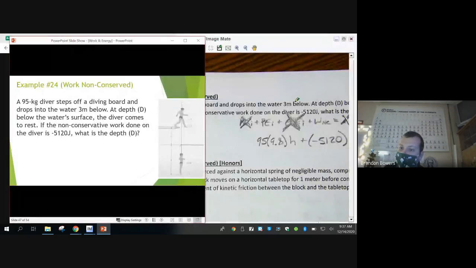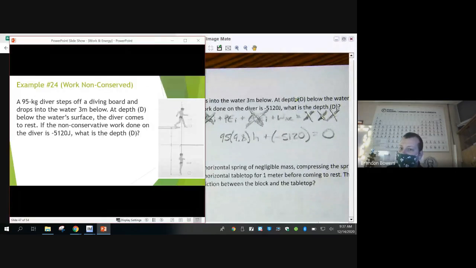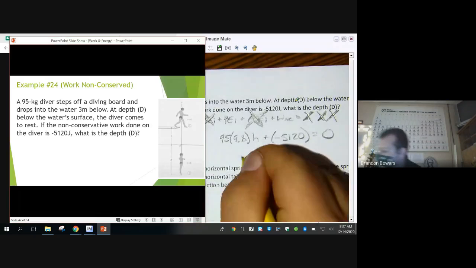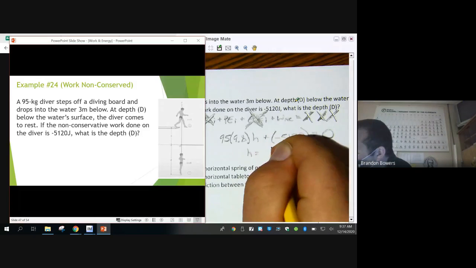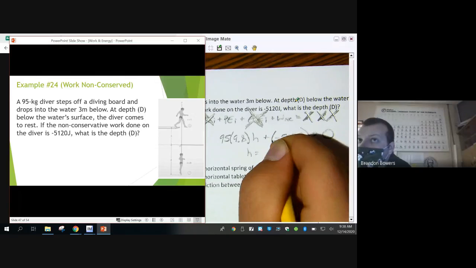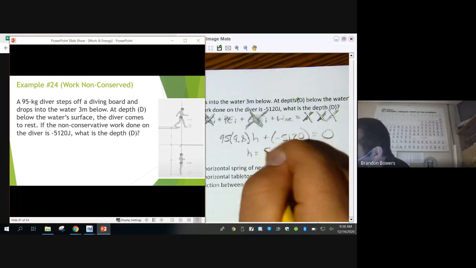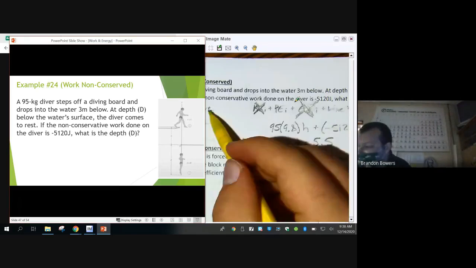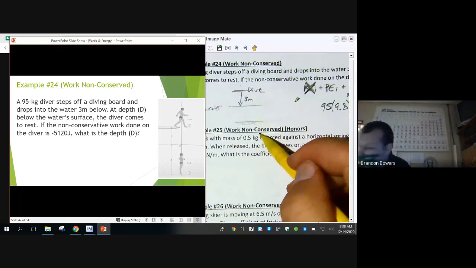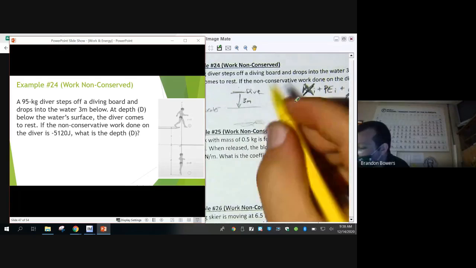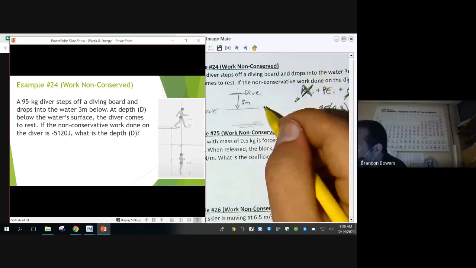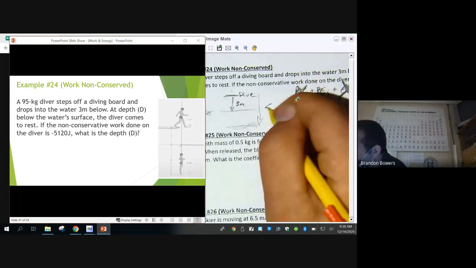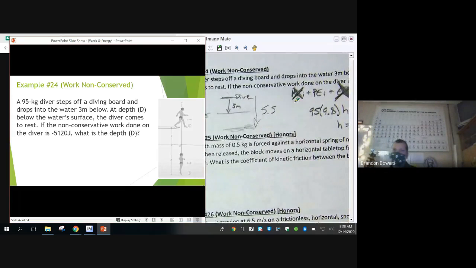So what is my H? 5.5. 5.5 is the total from the diving board to where he is on his feet. So how deep did he go in the water is the question. 2.5 would be your answer.